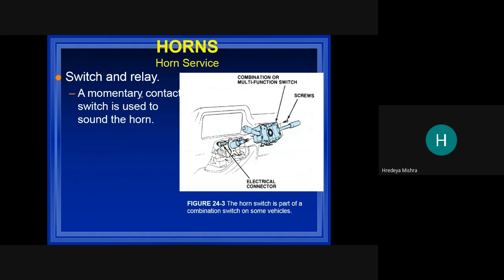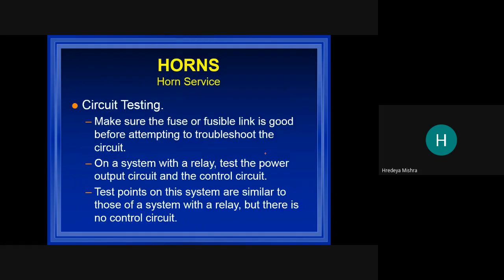Switch and relay. A momentary circuit switch is used to sound the horn. See here, this is the diagram. The electric connector is there. This is the switch, and this is the combination multifunction switch. So what happens? We just press this switch, and here we can also use this button to sound the horn.